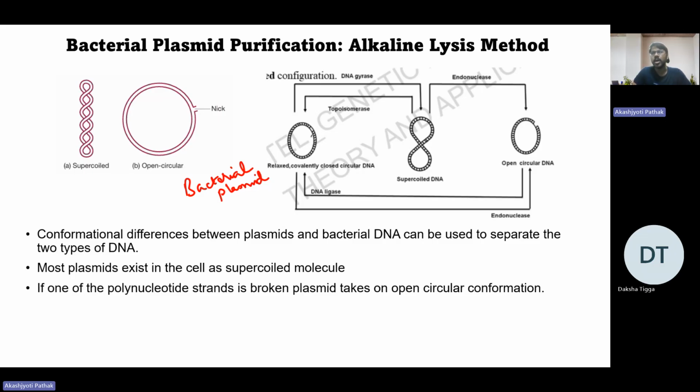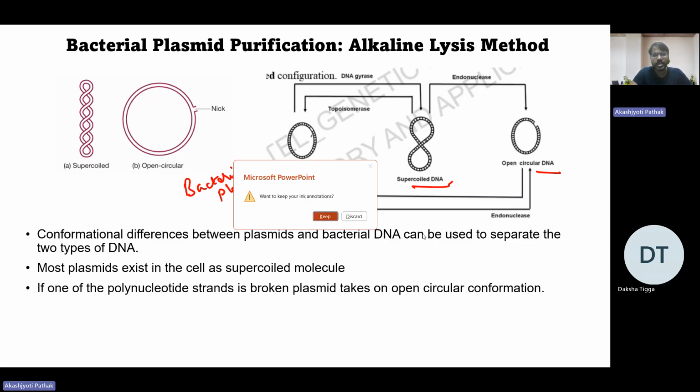That is done on the basis of the conformation. The bacterial plasmid is supercoiled, while your bacterial genome is a large molecule compared to the plasmid, and it does not exist as a supercoiled structure. DNA can have different conformations: relaxed covalently closed circular, supercoiled, and open circular.